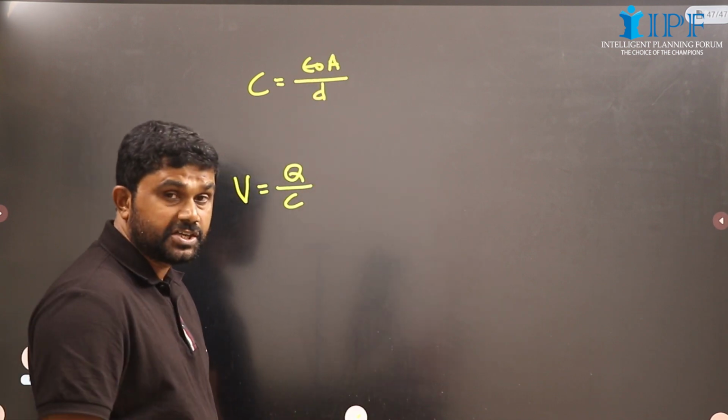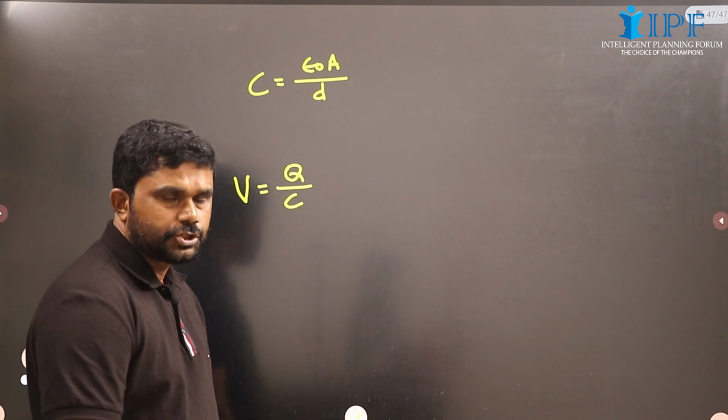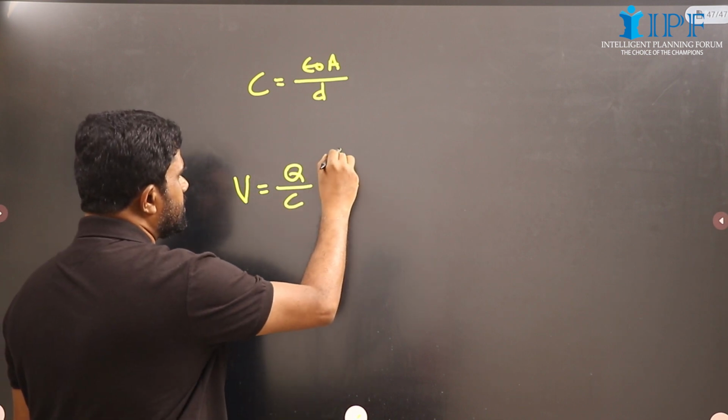That d I have increased by insulating handles, meaning charge cannot escape. So capacitance will decrease and the potential will increase.